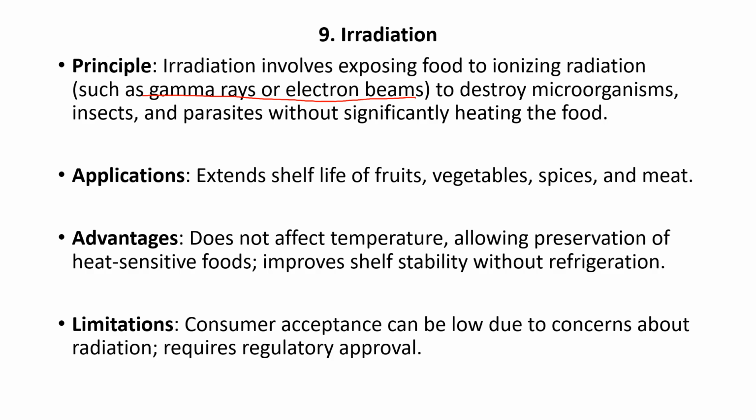Advantage: does not affect temperature, allowing preservation of heat-sensitive food, and improves the shelf stability without refrigeration. Next is limitation: consumer acceptance can be low due to concerns about radiation, and it requires regulatory approvals.